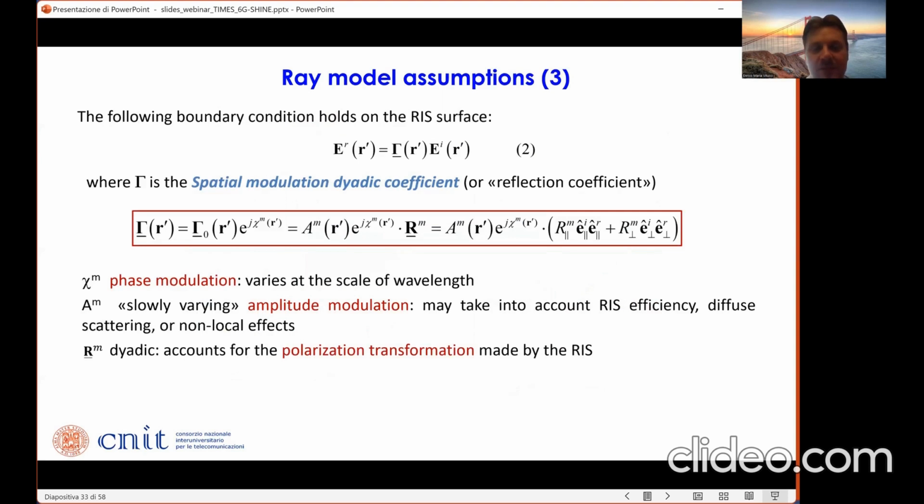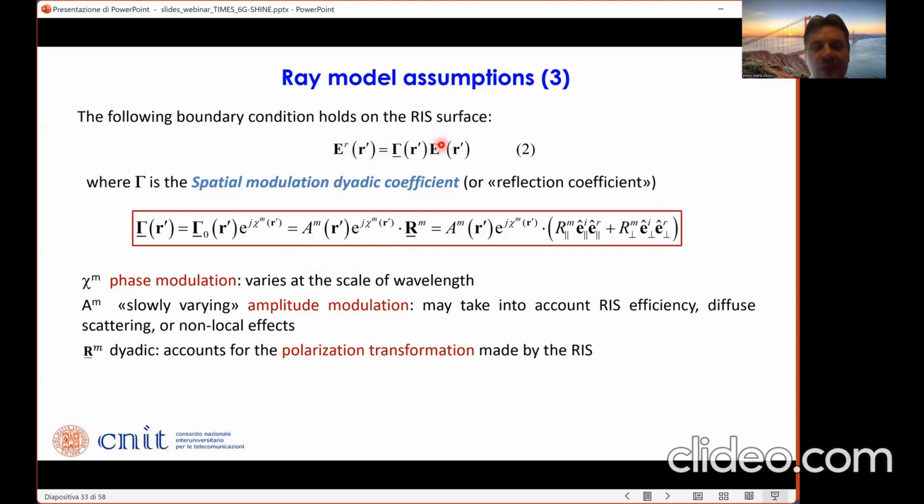The next step, as I told you before, is the computation of the radiated field. In particular, in this case, it's the reflected field on each tile of the surface. Each tile can be expressed by this R prime vector, which is the position vector of the generic tile on the surface.